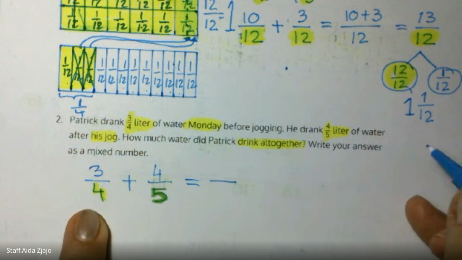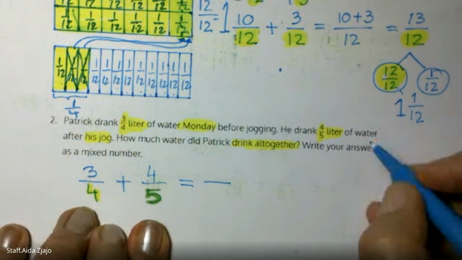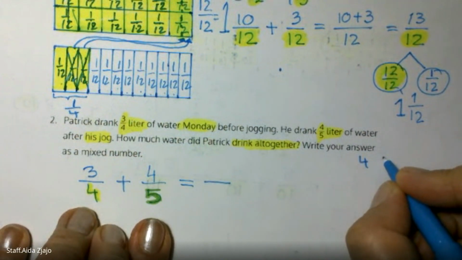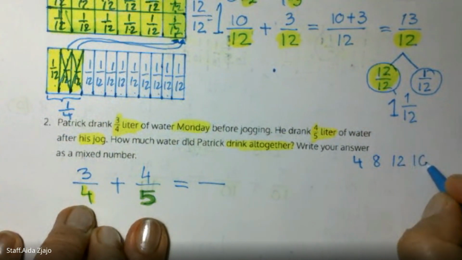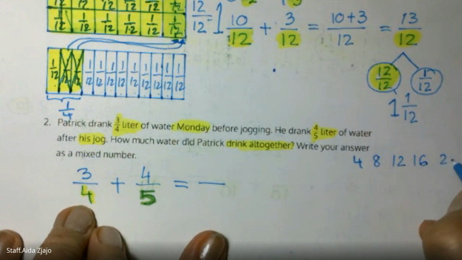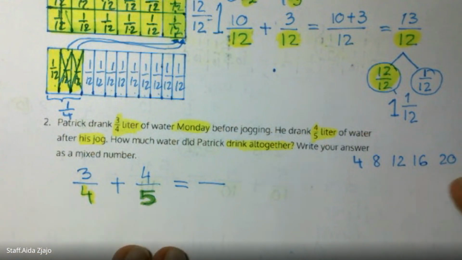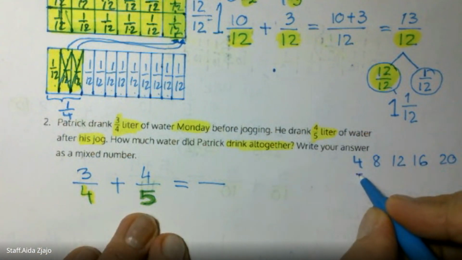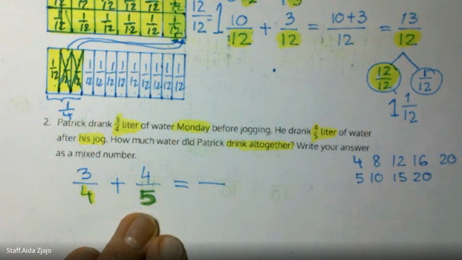So we can think about counting by 4 and by 5. If I do 4, 8, 12, 16, I will come up to 20. Okay, so 4, 8, 12, 16, 20. If I do by 5s, 5, 10, 15, 20. Here you go.